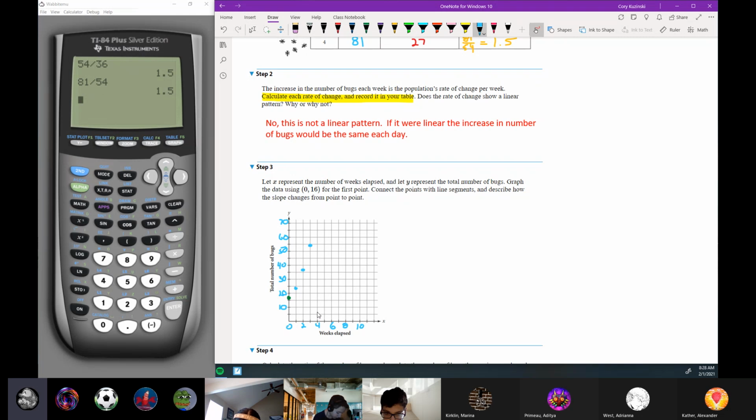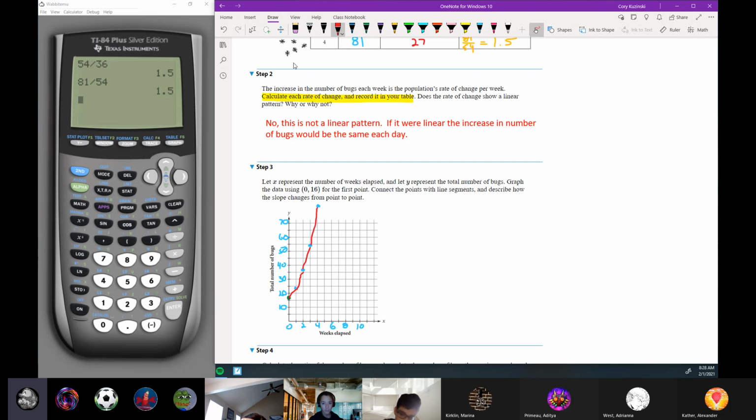And 481, that's kind of up here, I guess. I'm just going to take a guess at where it is, right about there. It says to connect with line segments. Tough for me to do lines here.